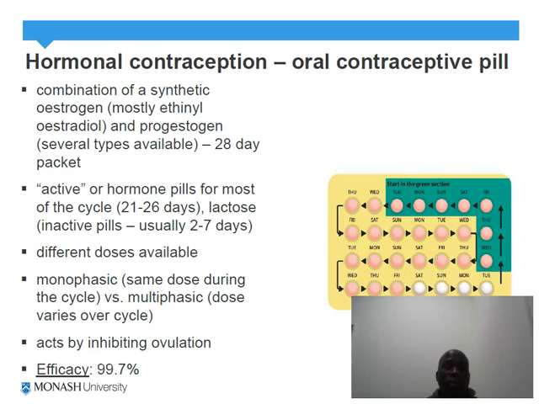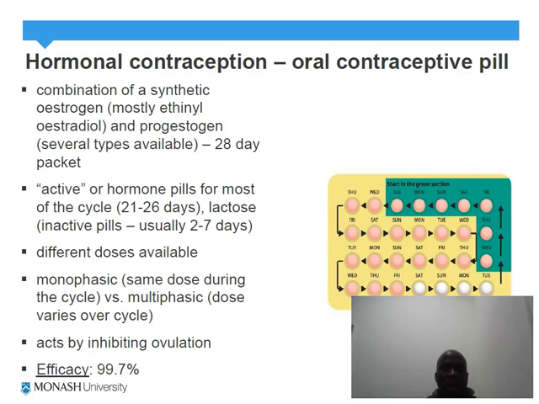They are also characterized by different doses available. You can have what we call monophasic, meaning a pill that has the same dosage all throughout the cycle, versus multiphasic pills that have various concentrations of hormones over the cycle.